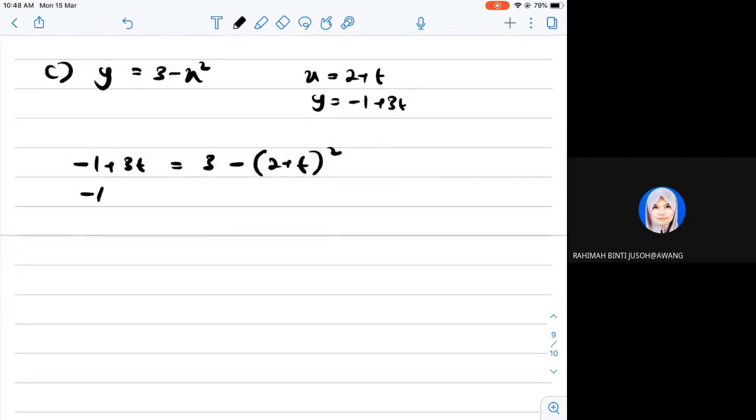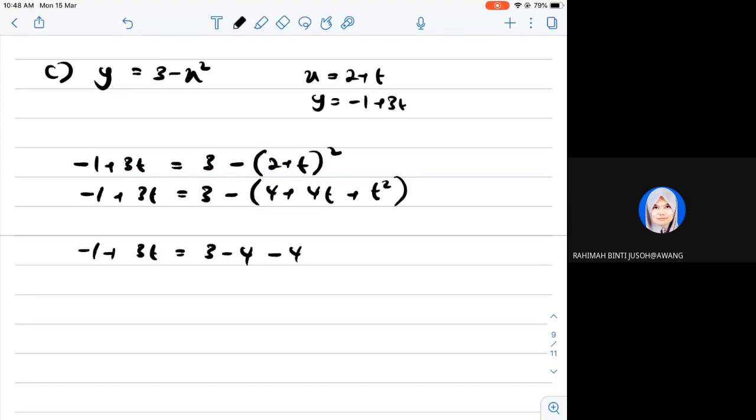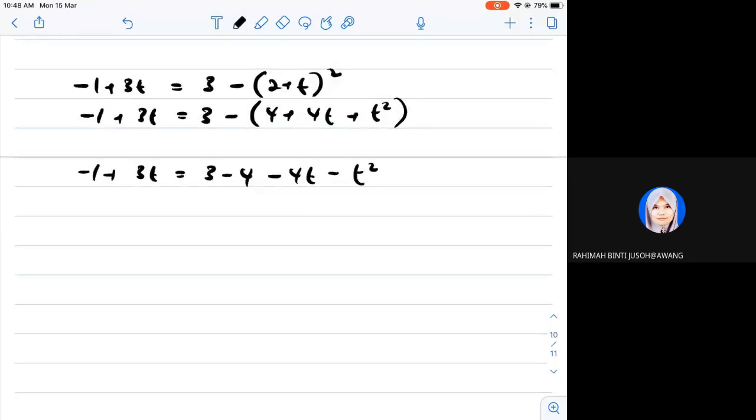So right now we will have negative 1 plus 3t equals 3 minus (4 plus 4t plus t squared). So we will have negative 1 plus 3t equals 3 minus 4 minus 4t minus t squared. So we have our equation. If I move everything to the left hand side, we will have t squared plus 7t, isn't it?